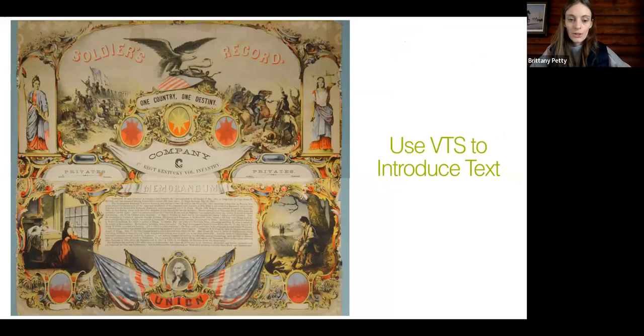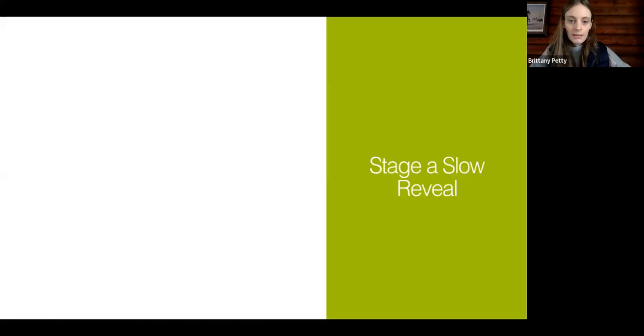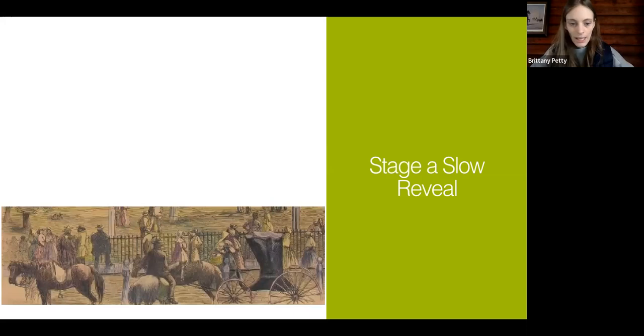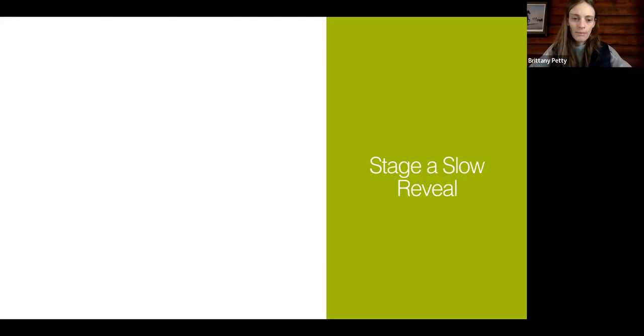You can introduce text this way. And you can also, this is an idea my colleague had, where you could stage a reveal. You can divide a picture up into parts and have them try to figure out the big picture. So you VTS this part, hold on.